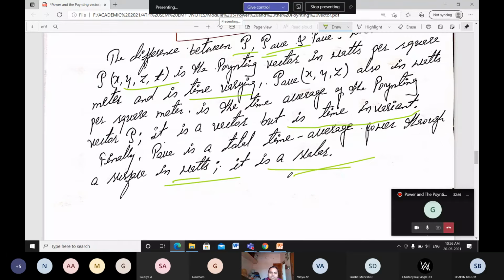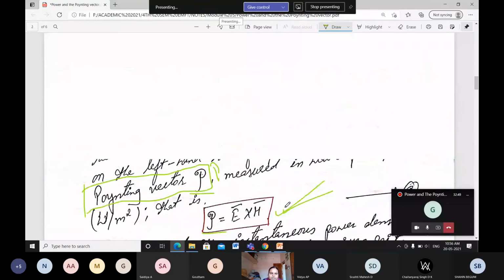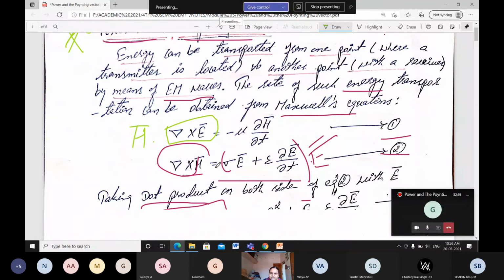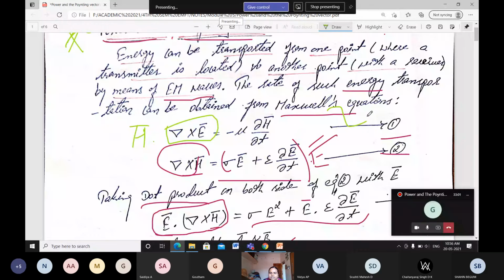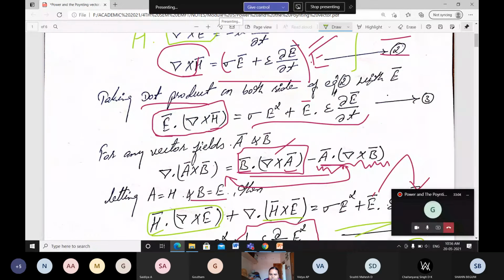This is about a simple topic, and it is a very important topic. It will be asked in the exam for 6 marks: power and Poynting vector. First you have to consider Maxwell's equations. Then take the dot product for equation 1 and equation 2.